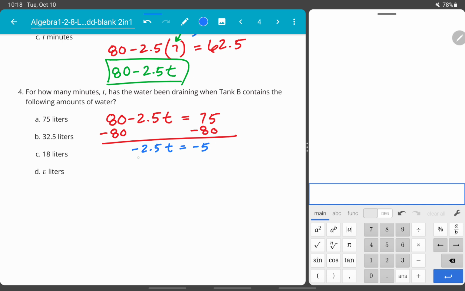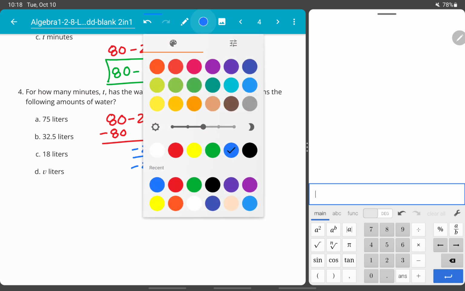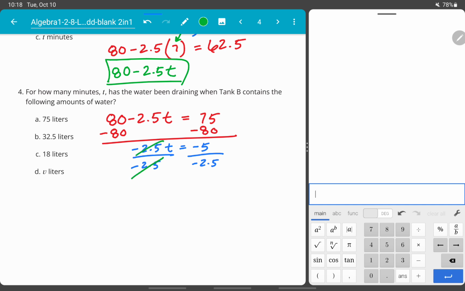And then let's divide both sides by negative 2.5. And then we'll get T equals, we'll go over here just to be sure, negative 5 on the top and negative 2.5 on the bottom, and we get 2.